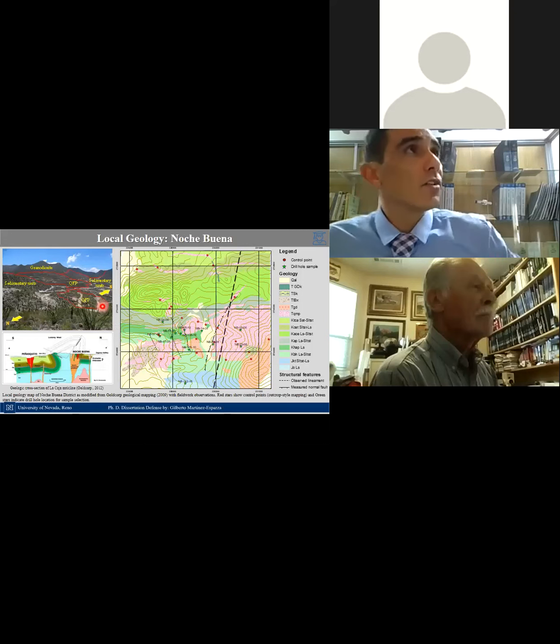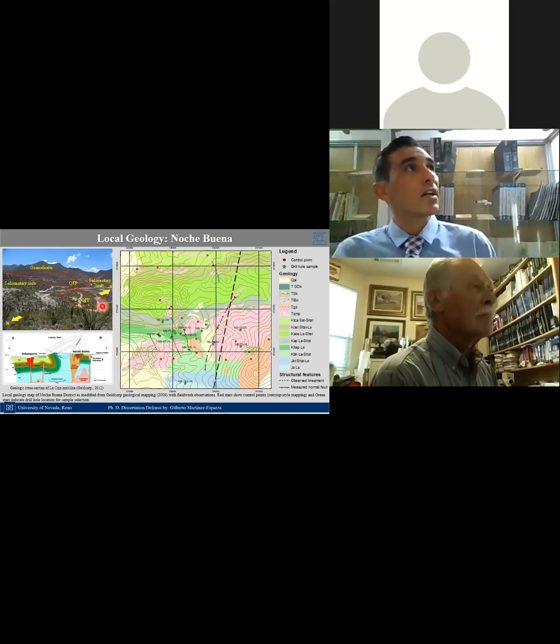So the local geology at each of the sites was, as I mentioned, obtained from the Goldcorp mapping, in addition to outcrop styling observations that I did during the fieldwork. So we can see here the Nochebuena study area.